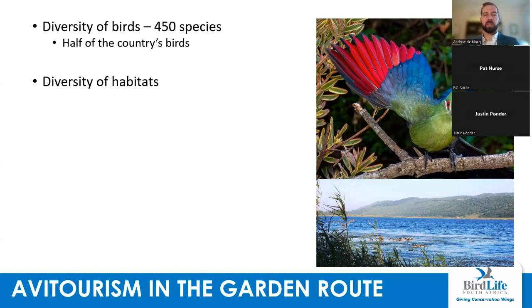So yes, 450 different species, which makes it incredibly attractive, and they're all within striking distance of a few major travel hubs. There's well-established scenic and ecotourism, and birding can add to this as a layer, but also intersect with it in terms of making use of existing infrastructure, existing marketing, advertising, etc.